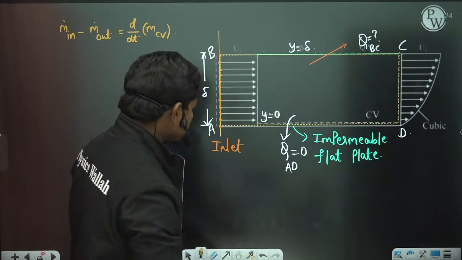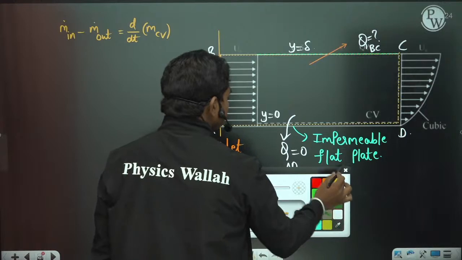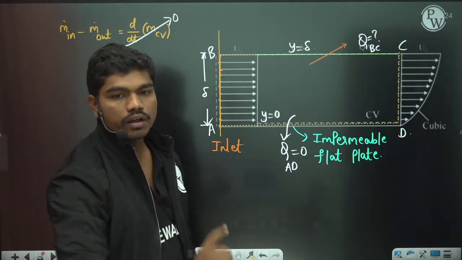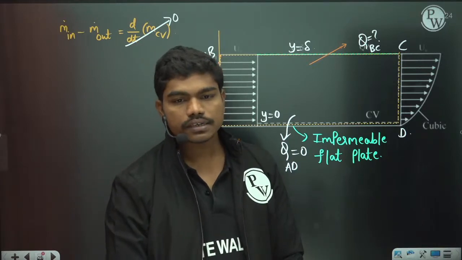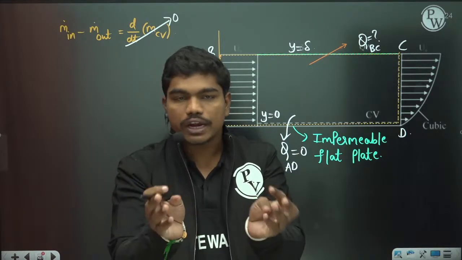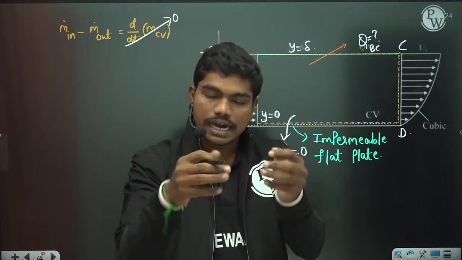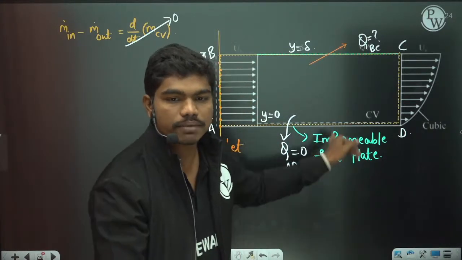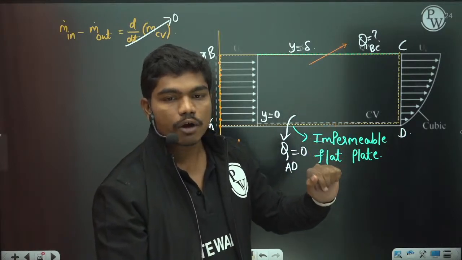Means if this is the control volume, then definitely the rate of change of mass inside the control volume is 0. Yes or no? Correct, because within that control volume you cannot have any mass getting stored. At the same time you also cannot have any mass leaving in excess, means you cannot create some vacuum here.